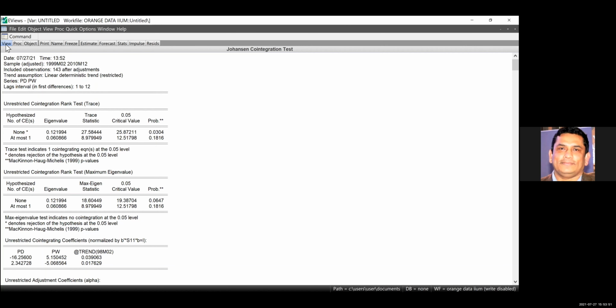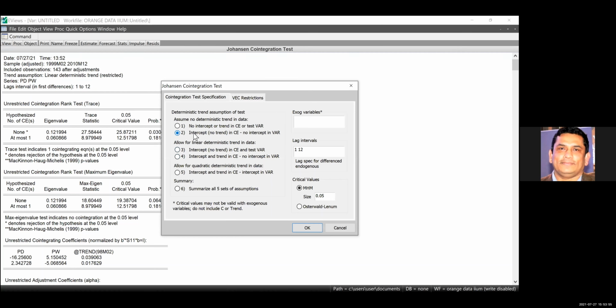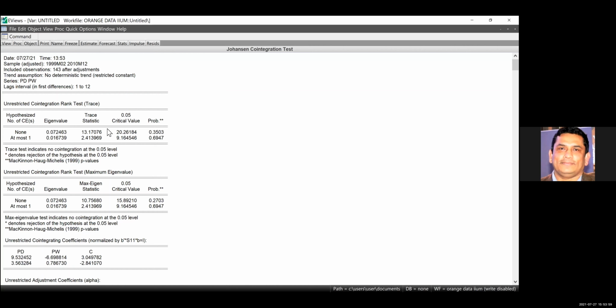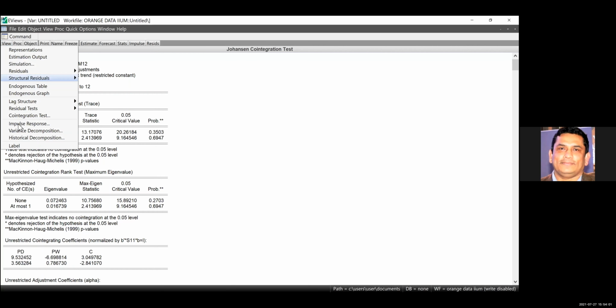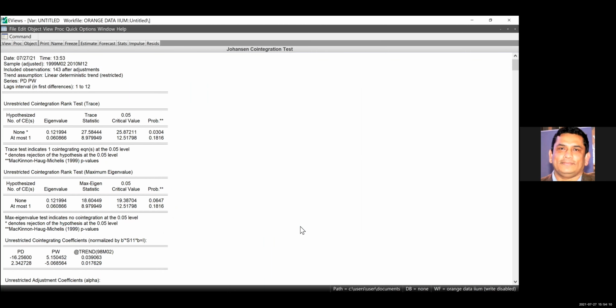And then again, if we do model 4 and use 12 lags, it's showing a different thing. So it means that maybe model or equation number 4 is more appropriate for estimating the cointegration relationship. So this is simply the test result, right?